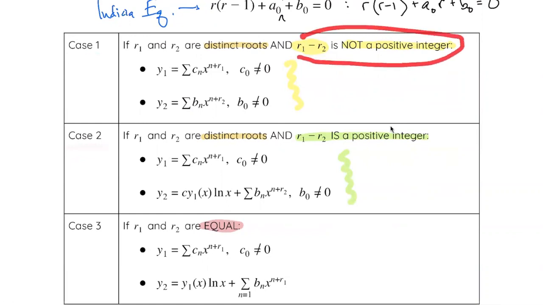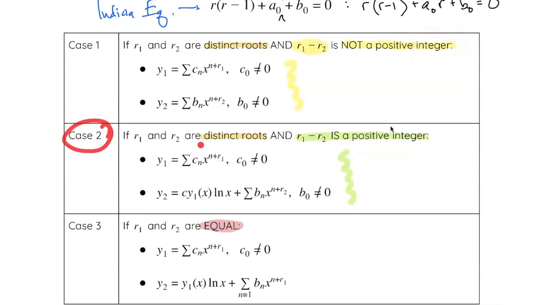We have to read this part very carefully. It's not enough to say, is it positive or negative? If you're reading this really quickly, you might read, oh, one is positive, one's not positive. But it's even more specific than that. In fact, that difference needs to be an integer. In order for case 2 to happen, you need 2 different roots, and the difference between them is an integer.